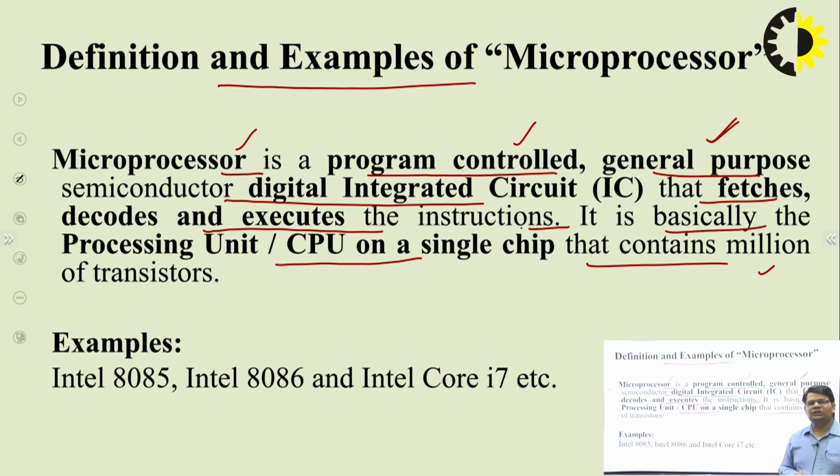So microprocessor is a general purpose IC with the help of which we can perform a number of tasks, and it basically is in the form of integrated circuit, that is a large number of components are on a single silicon wafer for performing a particular task. Now microprocessor performs in 3 steps for all tasks. First of all, fetching of instruction is done, then decoding of instruction is done, then finally the execution is done.